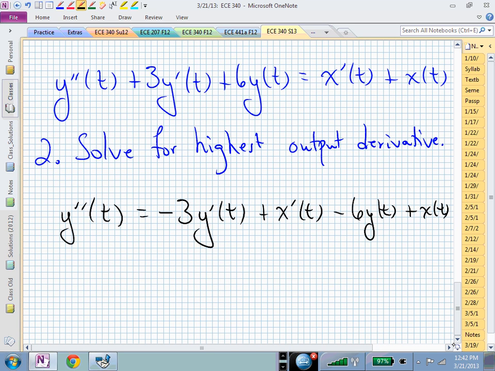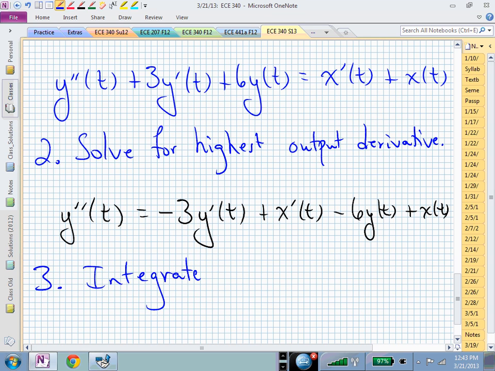That's my second step in this process. Remember what we're trying to do. We're trying to go from a transfer function to a state space representation. Now what we want to do is integrate this expression until we get y of t on the left.